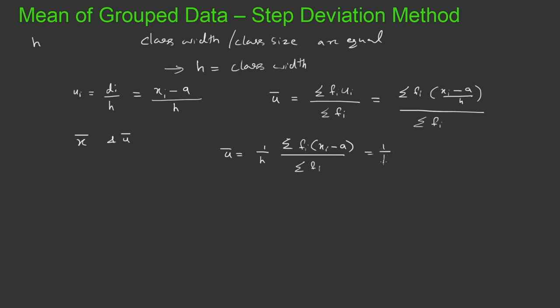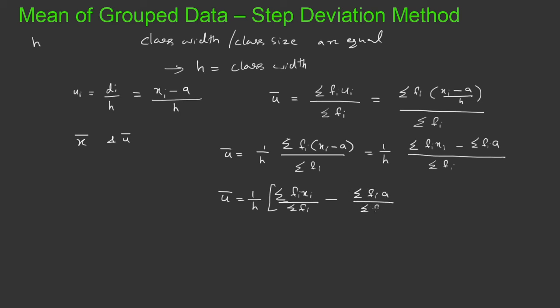That is equal to 1 by h into sum of fi xi minus sum of fi a divided by sum of fi. I can write u bar is equal to 1 by h into sum of fi xi divided by sum of fi minus sum of fi a divided by sum of fi. Since a is constant, I can cut it out, sum of fi.